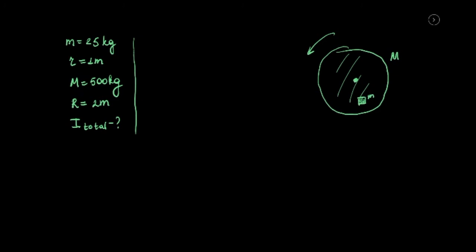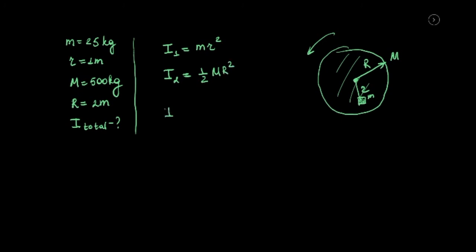The distance from the rotational axis to the boy is r, and the radius of the disk is big R. First, let's find the moment of inertia of the boy, which is equal to m r squared, and the moment of inertia of the disk, let's call it I2. This is 1 divided by 2 M R squared.